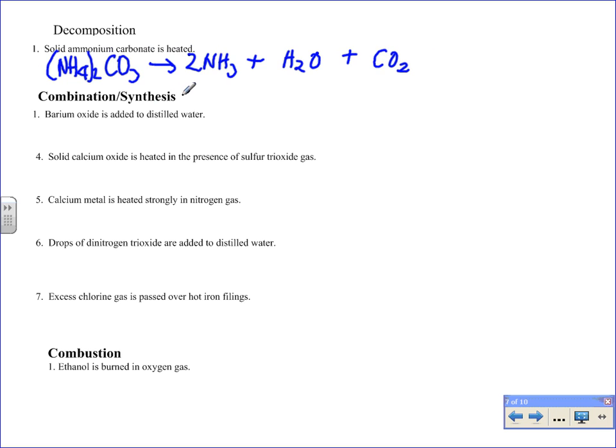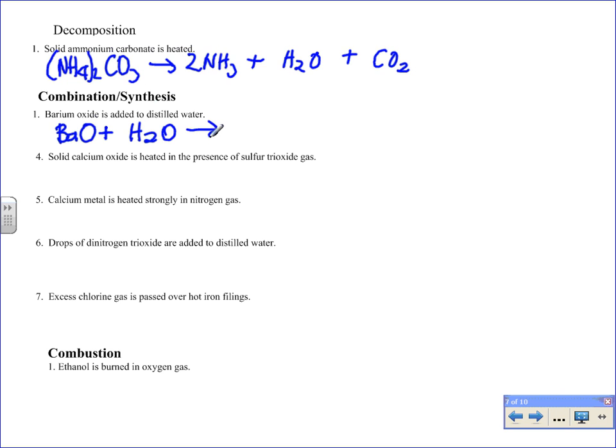Next one here, combination synthesis. Barium oxide is being added to distilled water. So you've got BaO plus H2O. What you have here is a metallic oxide plus water, and when you've got a metallic oxide plus water, you're going to produce a base.